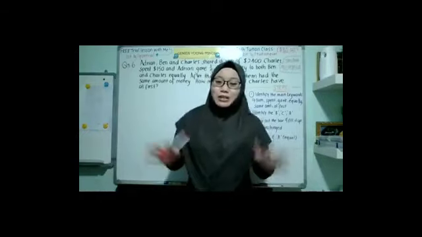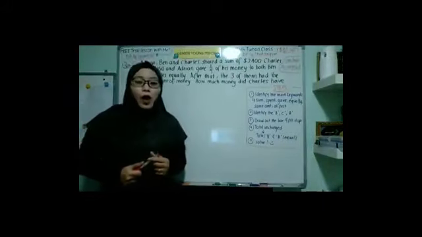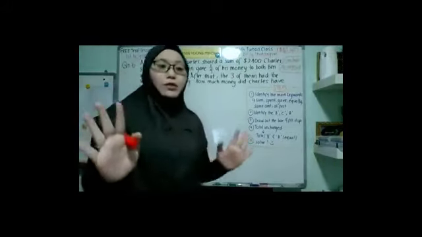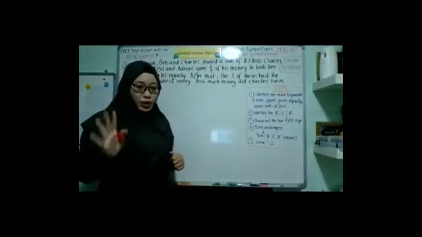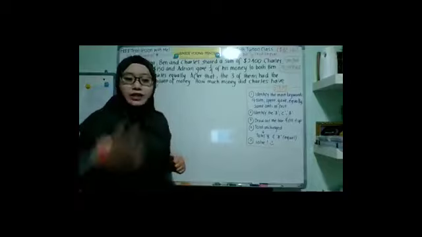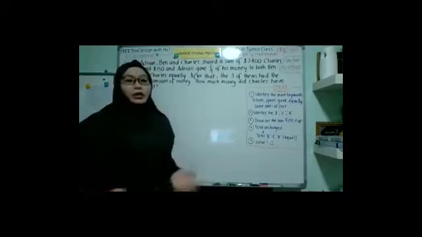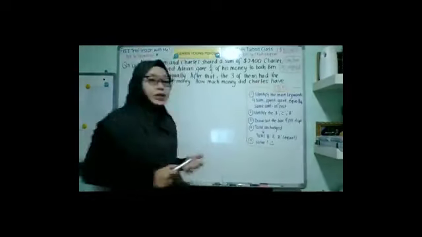Alright, so let's go back to this question. Adrian, Ben, and Charles shared a sum of $2,400. Once we have a problem sum, the first thing to do is to read the question once through. The first reading is to get a general idea what this question is all about, while picking out the main keywords.